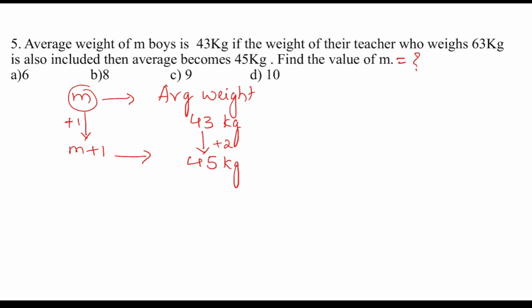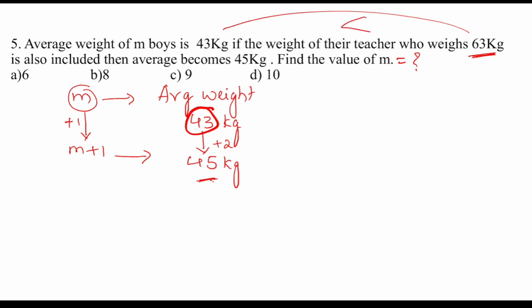Now we know that if the average is increasing, the weight of the new person who is coming has to be more than this average, then only the average will increase. The new person's weight is 63 kg, which is greater than 43, the old average, isn't it?